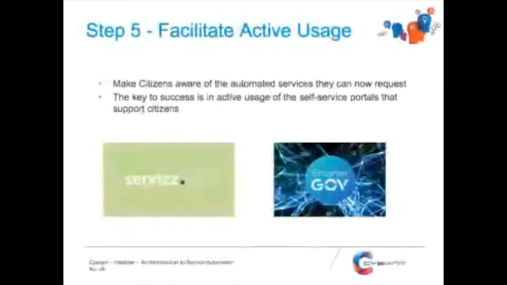So if you would like to request a parking permit in the weekend or late at night, the government office is probably not going to be open. However, the service automation portal, where the services are delivered, is going to be open. This way, you can encourage citizens to start using that portal actively.